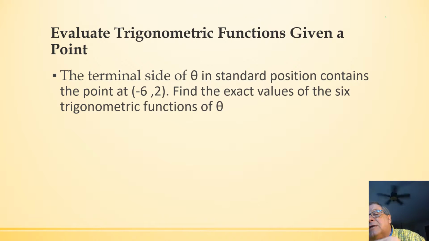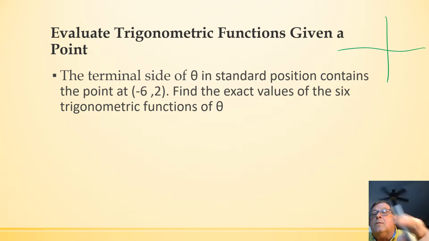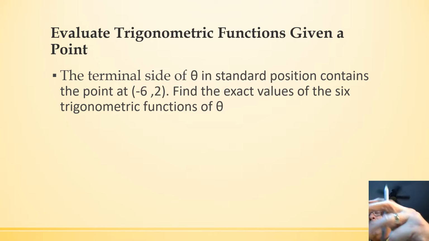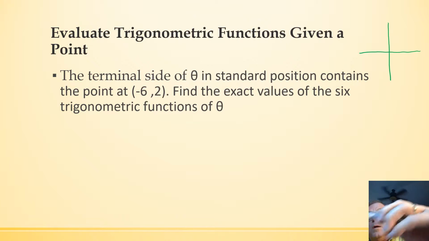Let's just sketch a coordinate plane, if you will. And so we've got a point on the terminal side where x is -6 and y is 2. Let's say maybe that's right about there.